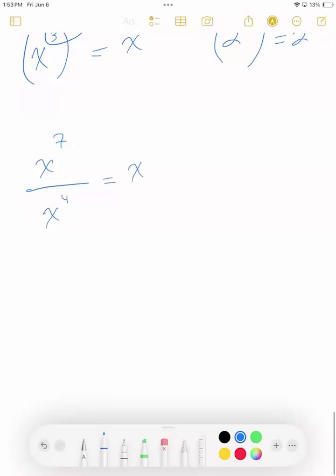I told you, because the top one is bigger than the bottom one, you go 7, take away 4, you get x to the power 3. What if you have this? 7 is on the bottom, is bigger. You go 7, take away 4 is 3. So you write it as 1 over x to the power 3.